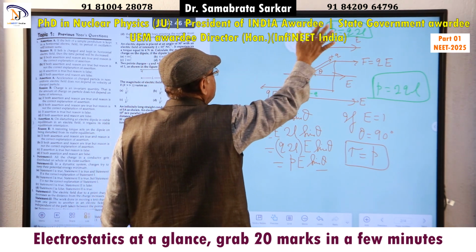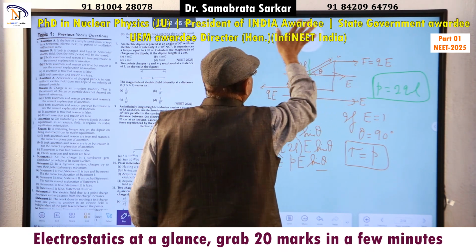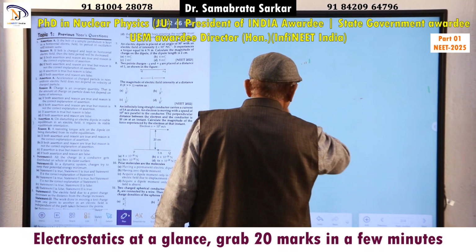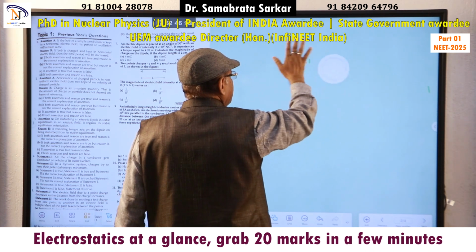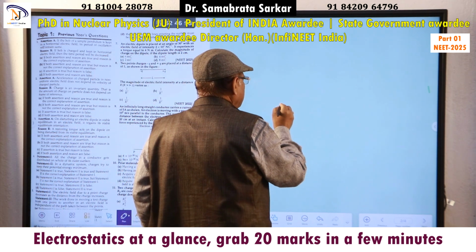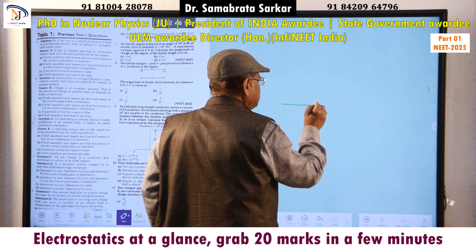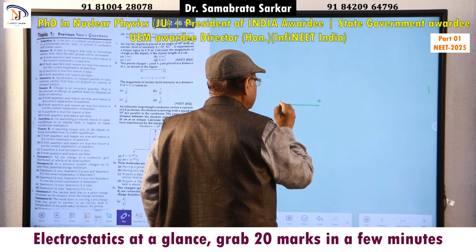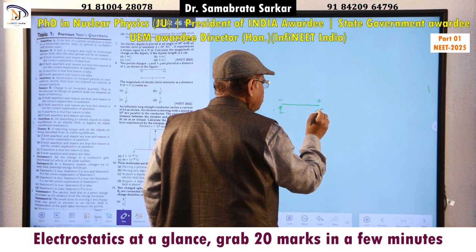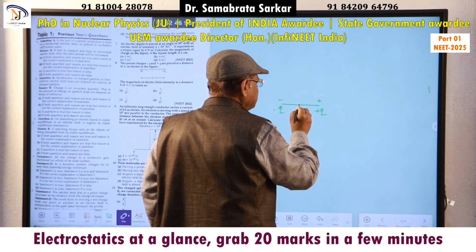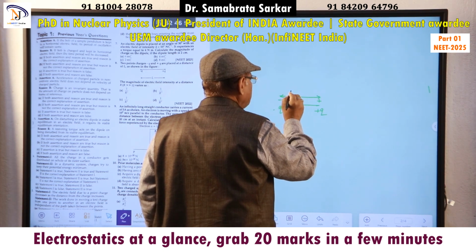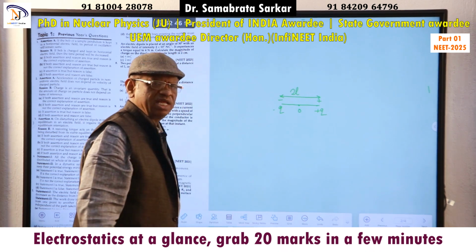You just see how I derive dipole and dipole moment. Very easy. You just see. I will write one dipole. One is plus, another is minus, and this is the midpoint, and this is the length of the electric dipole, that is twice L. Clear?